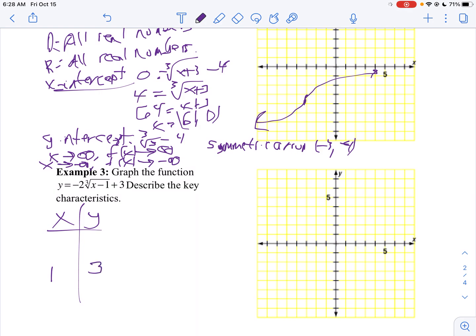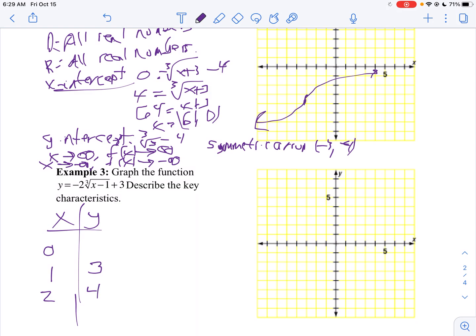Now I want to do the cube root. Well, I can do the cube root of 1. So I'm going to say 0 and I'll go 2. So 2 is going to be the cube root, or 2 minus 1 is 1. The cube root of 1 is 1, times negative 2 is negative 2, plus 3 is 4.